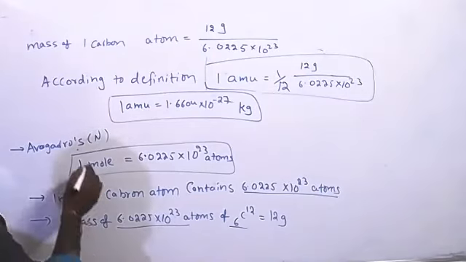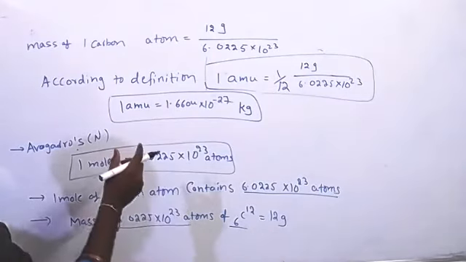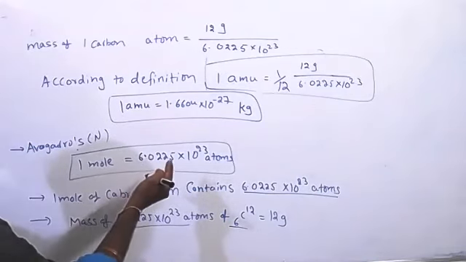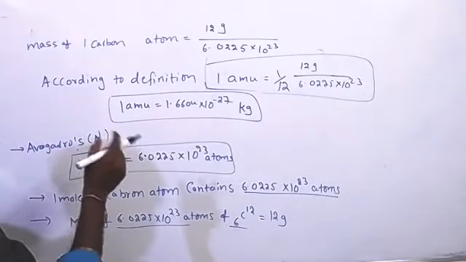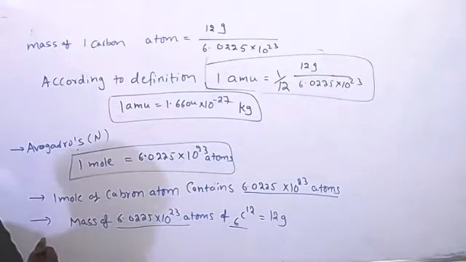So the first two conditions that we have to take: 1 mole of substance is nothing but grams equal to its atomic weight. If that particular atomic weight is 12 grams.